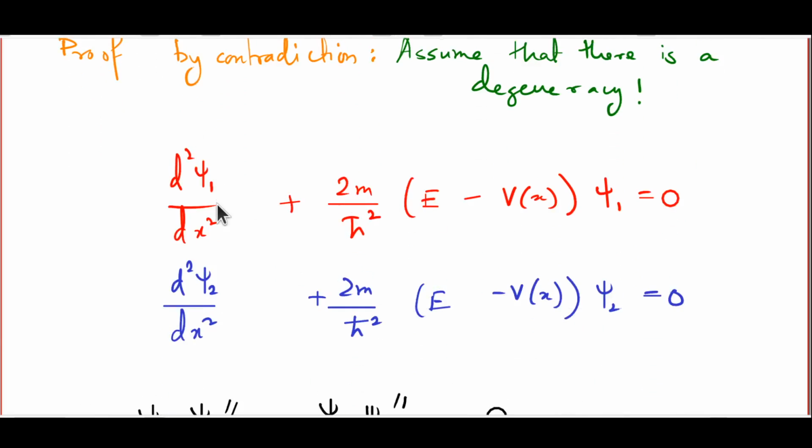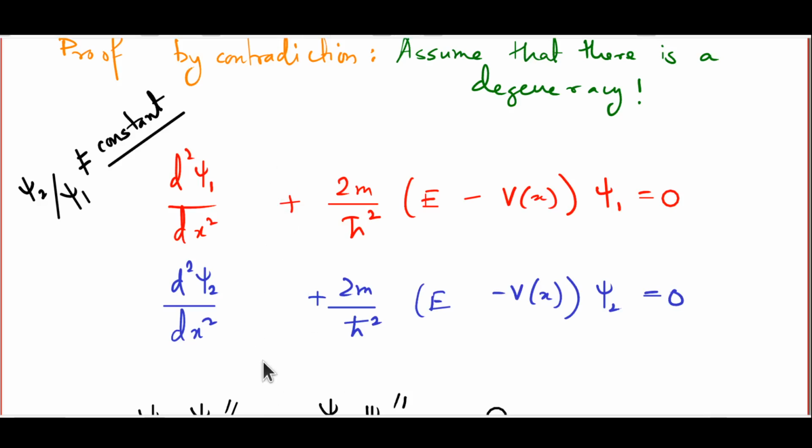By the way, this in itself does not contradict the no degeneracy result, but what we are assuming here in addition is that psi2 and psi1, this ratio, is not a constant. This is what we mean when I say that there is a degeneracy. Psi1 and psi2 both satisfy the same Schrodinger equation and they are independent of each other.